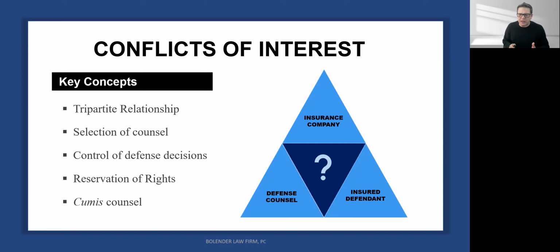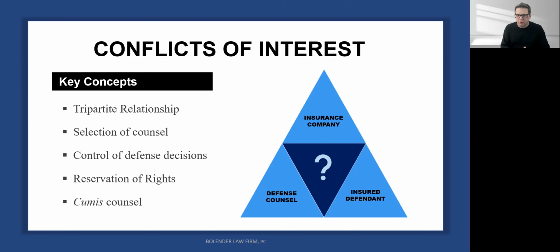Now, this creates a three-way arrangement known as the tripartite relationship. The insurance company pays the defense counsel to defend the insured defendant. The defense counsel's primary duties are owed to the policyholder, but under California law, both the insurer and the policyholder are considered to be clients.